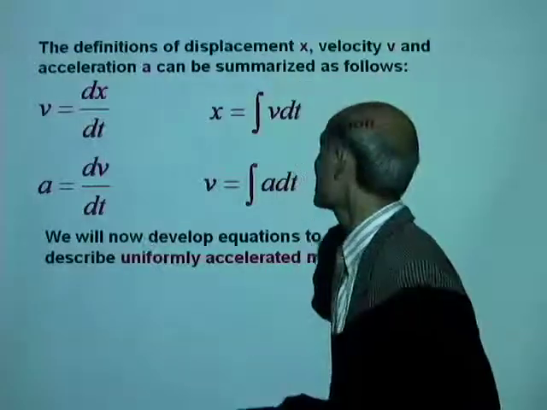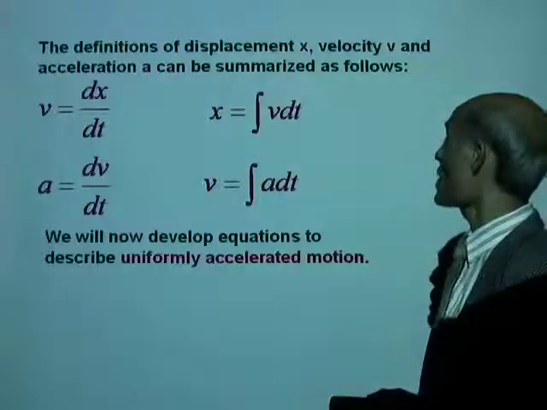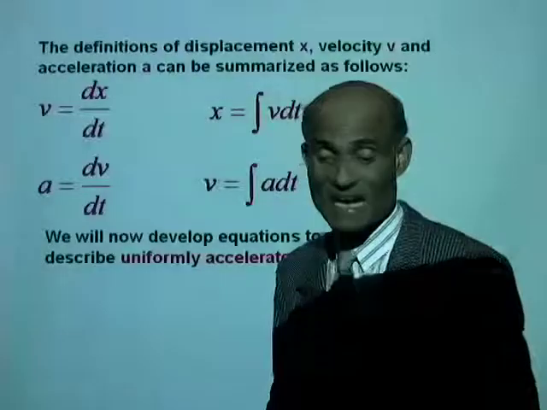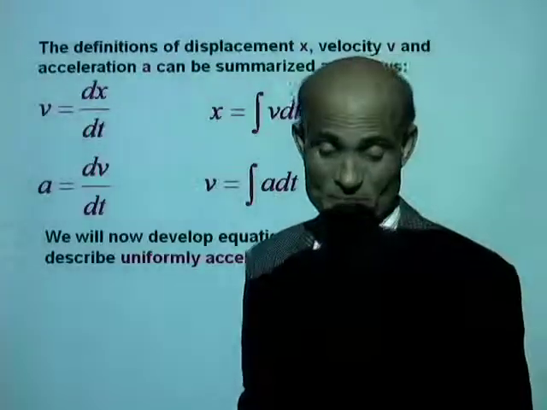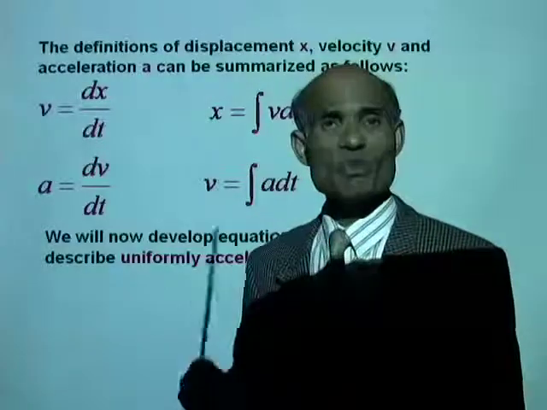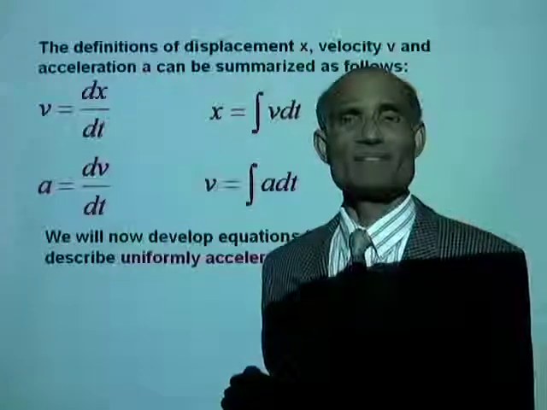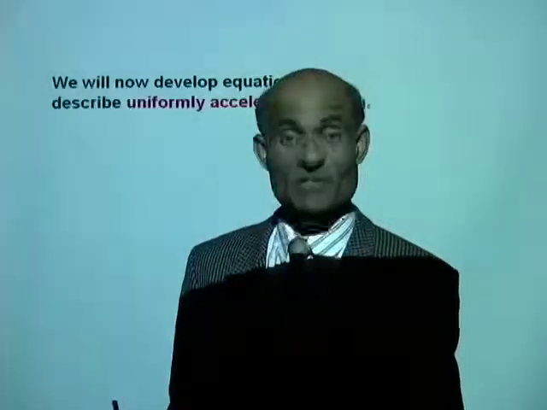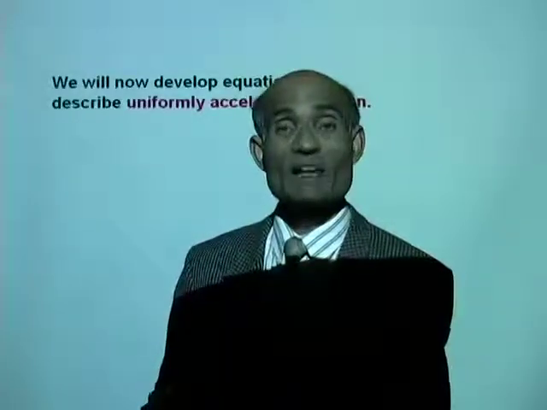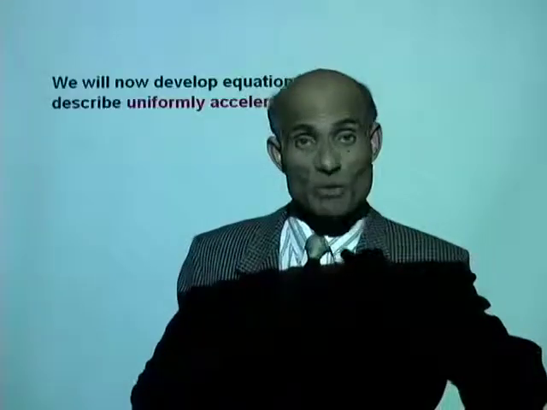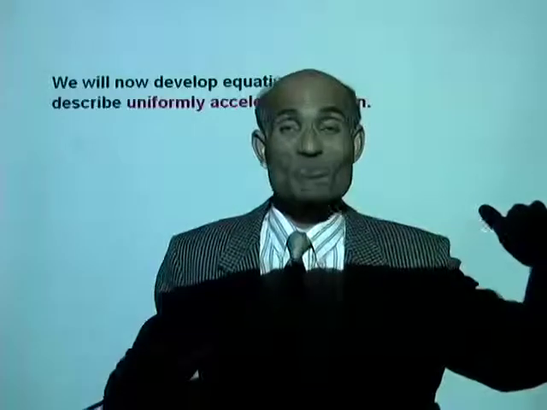Now we will develop equations to describe uniformly accelerated motion. Alright, what is the meaning of uniformly accelerated motion? Uniformly accelerated motion means that the acceleration remains a constant throughout motion.